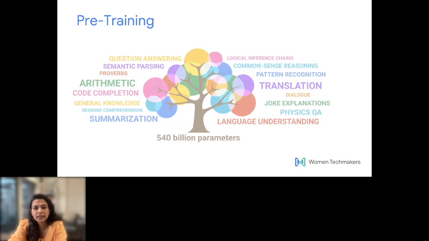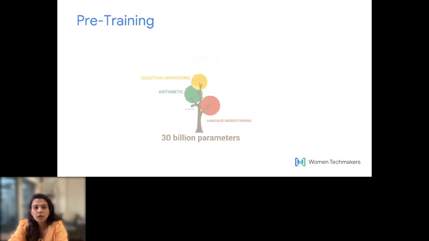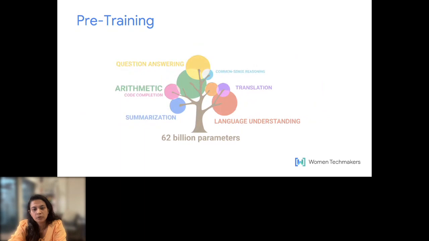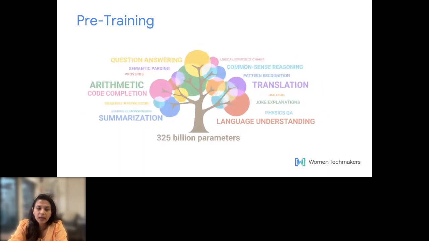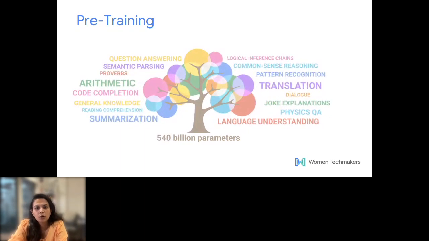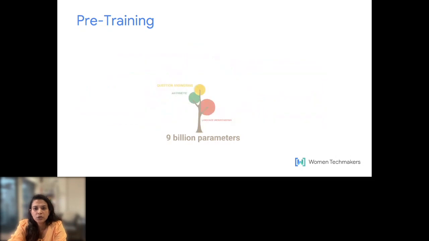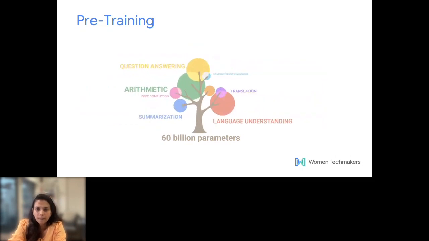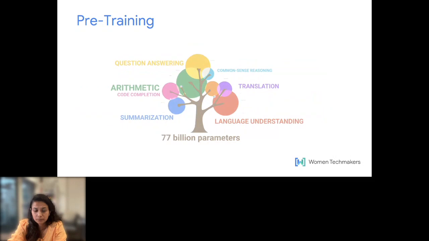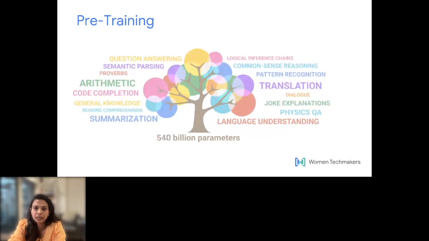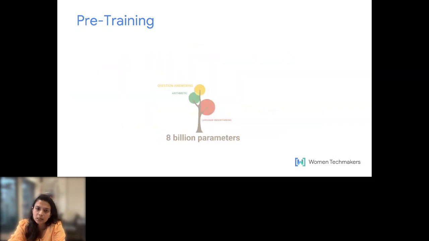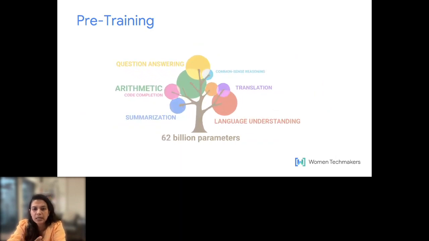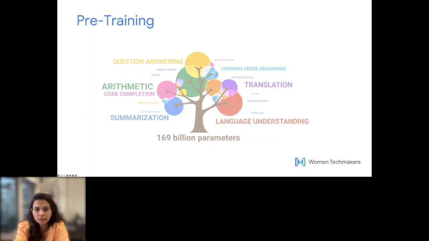Okay, so if I take an example of BERT over here, BERT was pre-trained on Wikipedia and BookCorpus. BookCorpus is a collection of fiction and non-fiction books, and BERT was pre-trained on two specific modeling tasks. One is the masked language modeling task, and another is the next sentence prediction task.